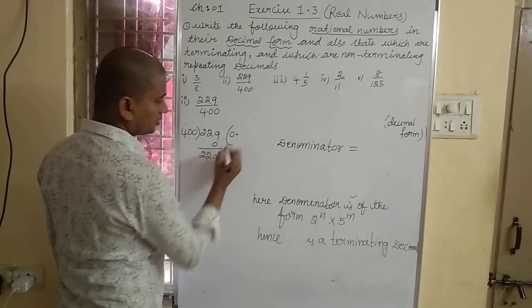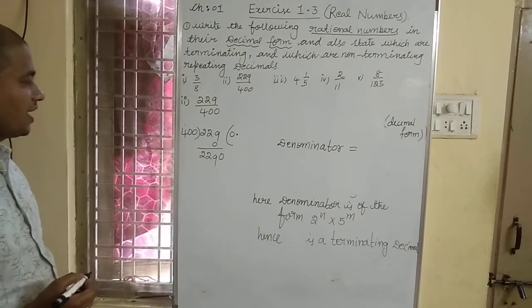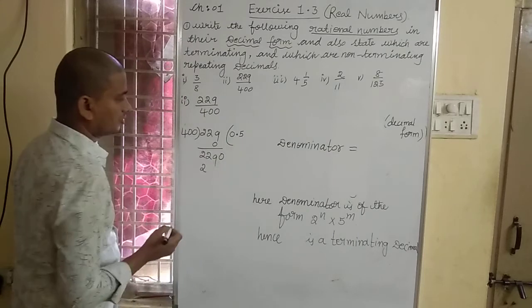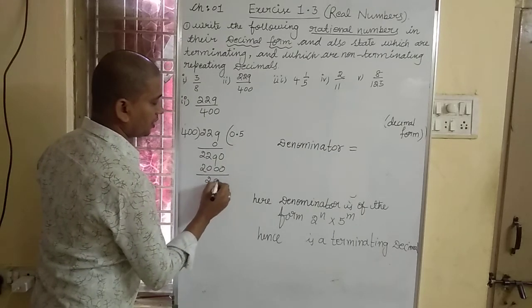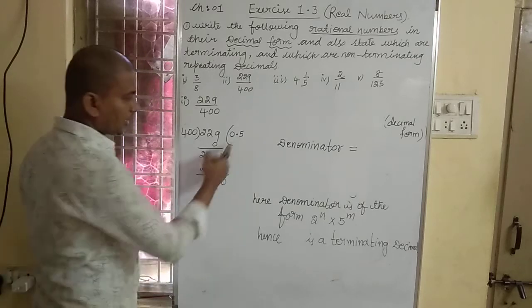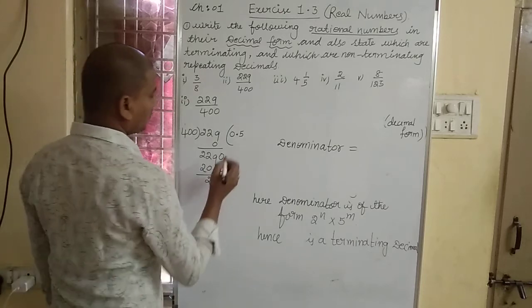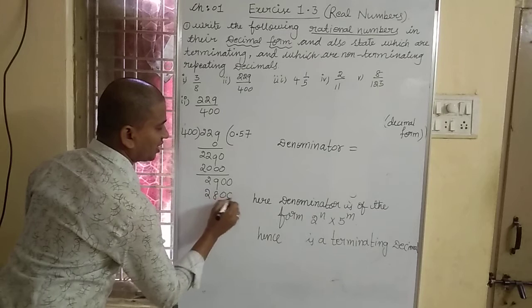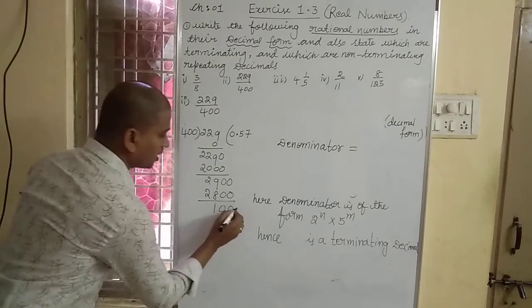Put point here, then 0. So 400 into 5, 4 fives are 20, which is 290. Again point is there, put 0 here. 4 sixes, 4 sevens are 28, 7 times, 2800, which is 100.